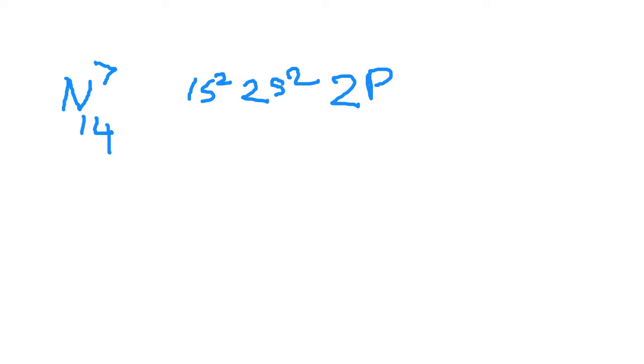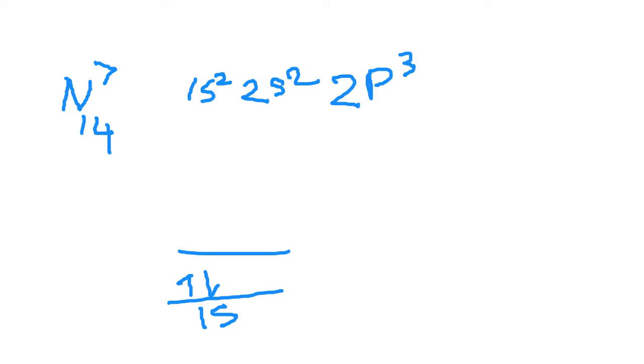So 2p3. Now remember that s orbital, when we write this molecular orbital ladder or this electronic configuration, like 1s, this is always 2, and it always has opposite spin, like that.